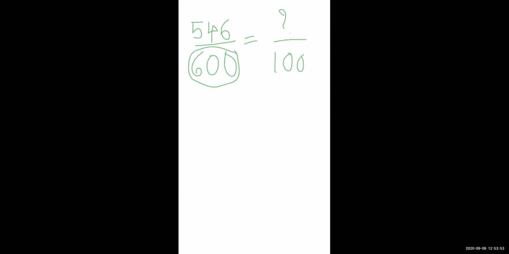How will you convert that 600 into 100? Divide that 600 by 6. Very good. As 600 is divided by 6, what will you get? 100. So the same step we have to follow with the numerator.